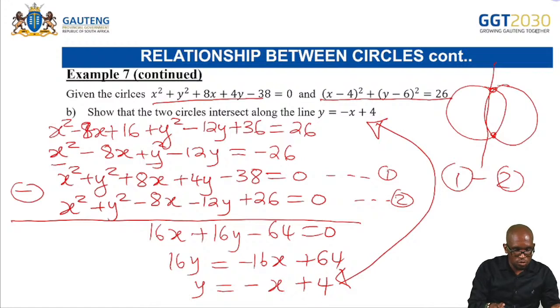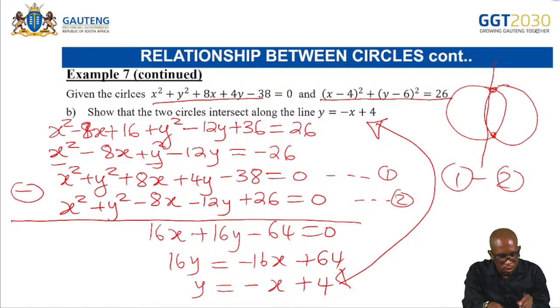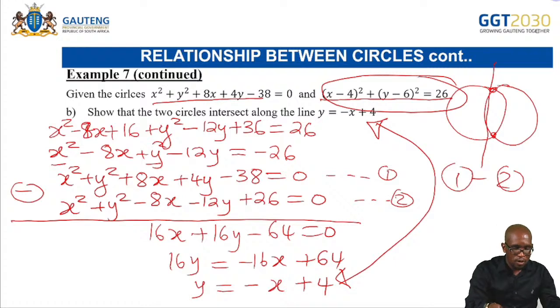So what did we do to these two circles? We took the one that was in standard form, converted it back to the non-standard form, and then from there we used the method of elimination to work out the equation of the line of intersection.